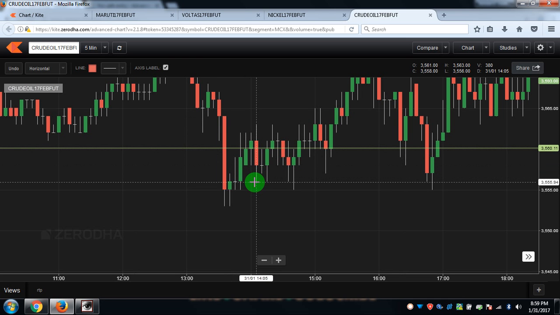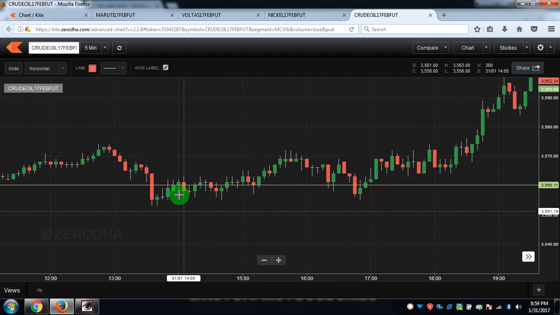So here you can consider the buy call activated, because it went up to a high of 62, and this candle closing gives confirmation that from these levels it will move up. Even though it had moved from these levels, the confirmation is given in this chart at this point of time. You can see this candle closing 3561. So this was the candle closing confirmation that crude oil will move up.